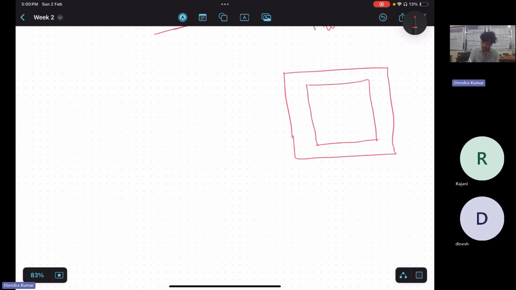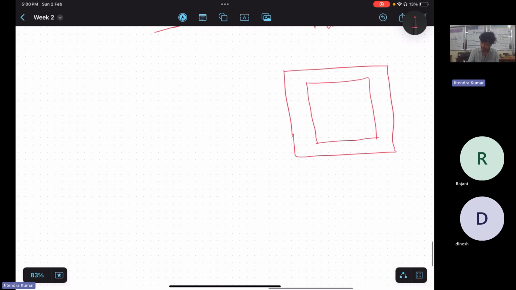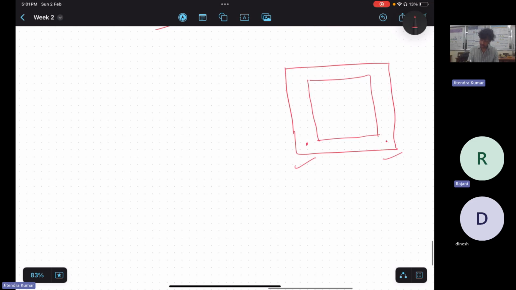You have this limb and this limb. From where to where will you consider the distance between limbs? Since the mean flux path is considered from the center, it is recommended to consider it from the center.